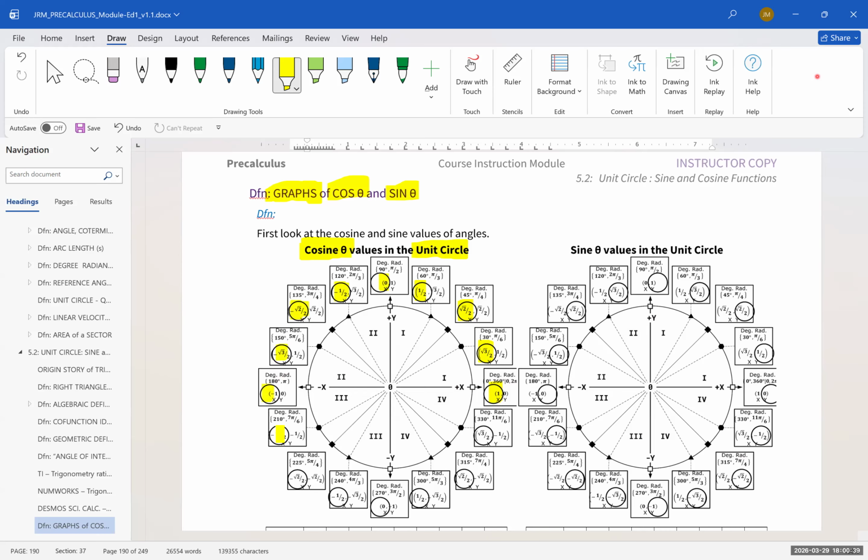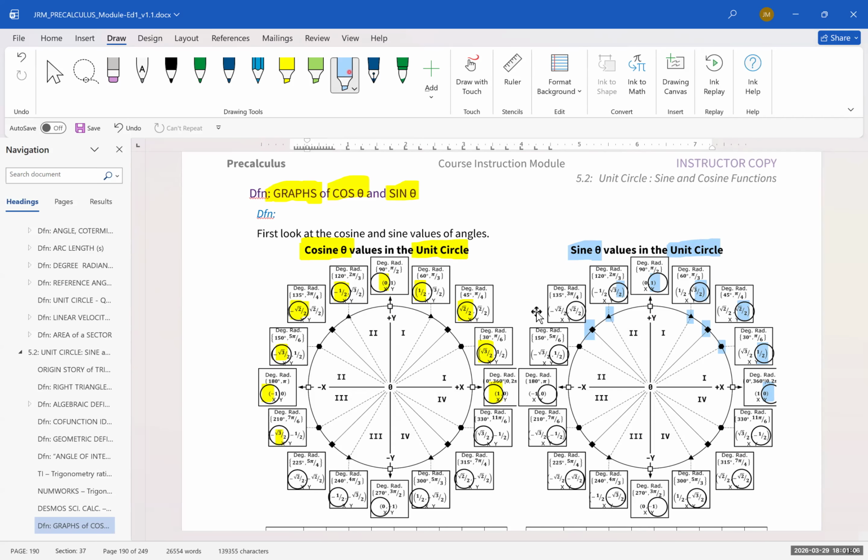Okay, so all the x values going all the way around. And the sine values on the unit circle are going to be all of the y values of the intersection of the terminal side with the circumference of the unit circle.